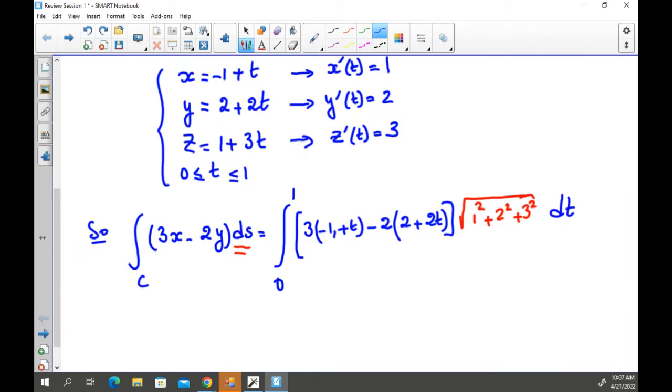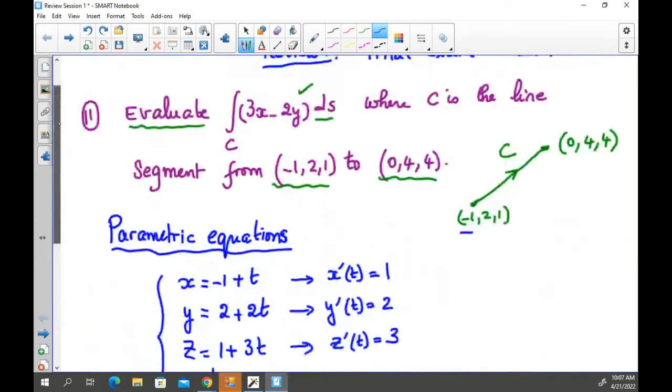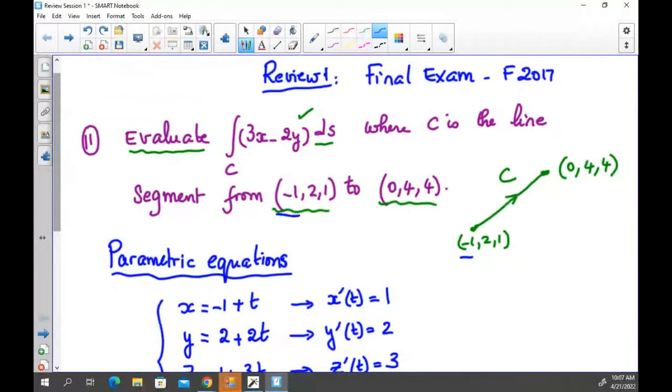Is that okay? Sorry, I don't understand, Salha, what are you asking? We don't have z, yes, but still, remember ds, we are working in 3 dimensions. Remember the points have x, y, z.